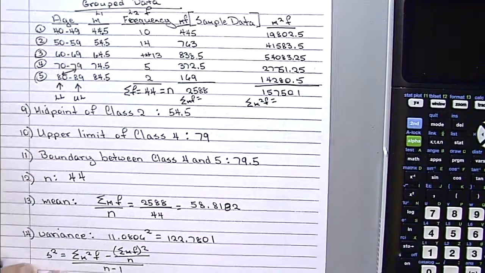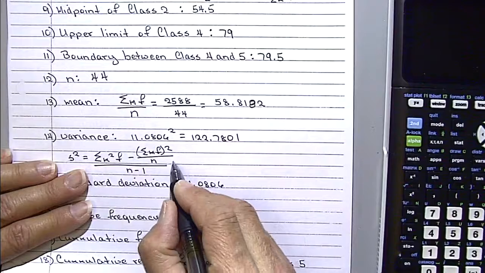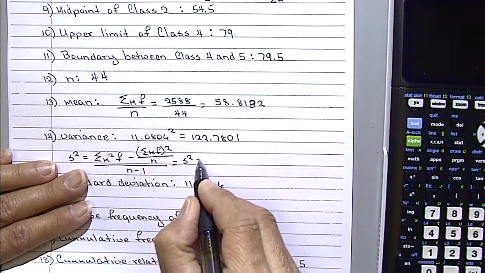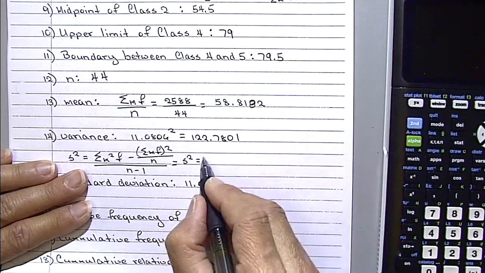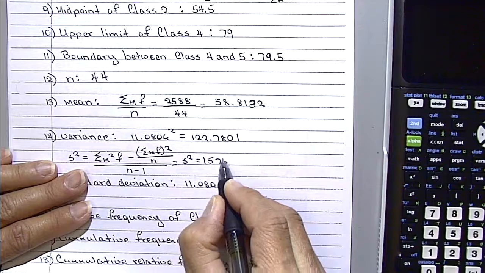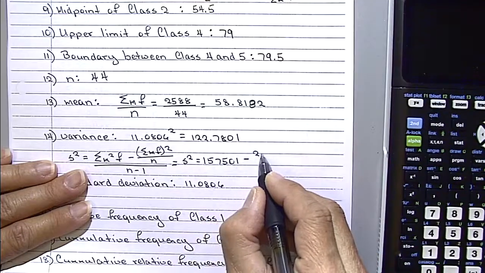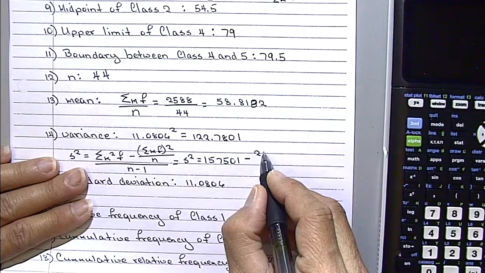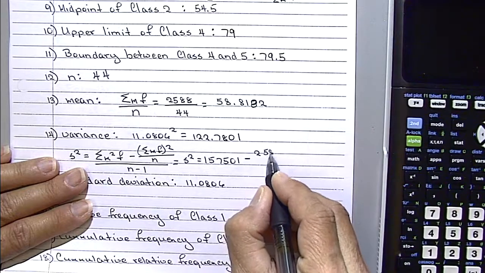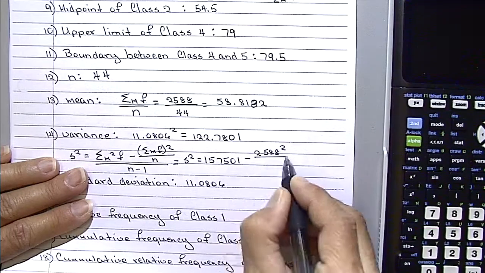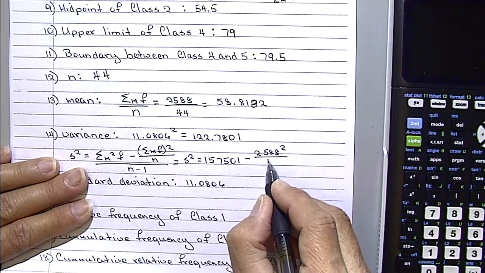So I come down here in my formula, and the variance is equal to the sum of midpoint squared frequency, the 157,501, minus the sum of midpoint frequency, which is 2588, and then I have to square that, divided by n, which was 44.